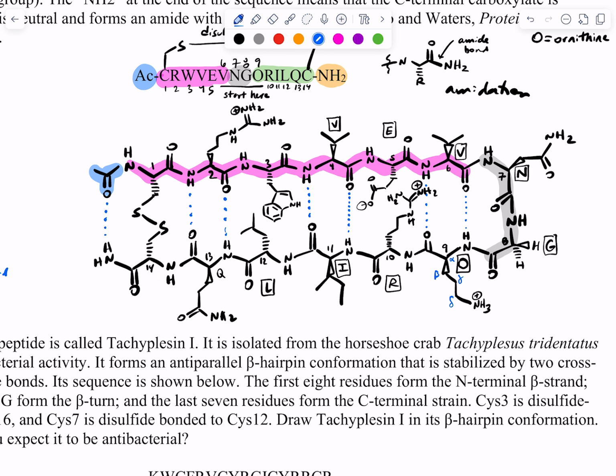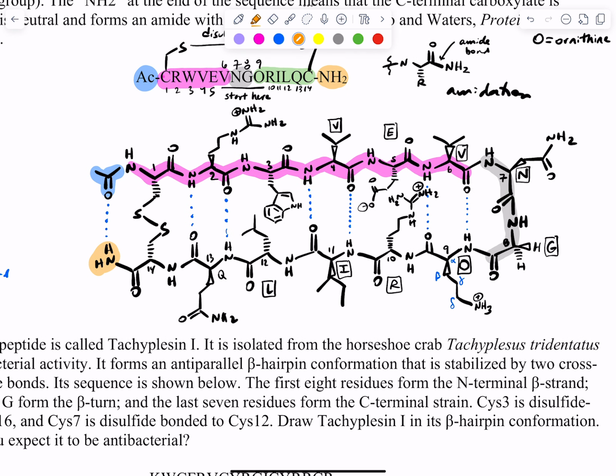And then you can see, and this is one reason why they put that amide group and acetyl group on this molecule, is so you could have one last hydrogen bond. And that's the green beta strand.